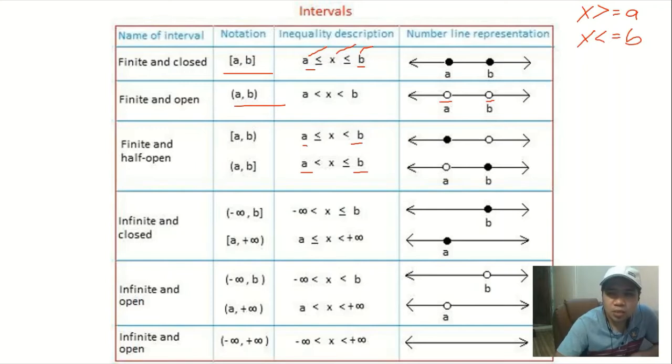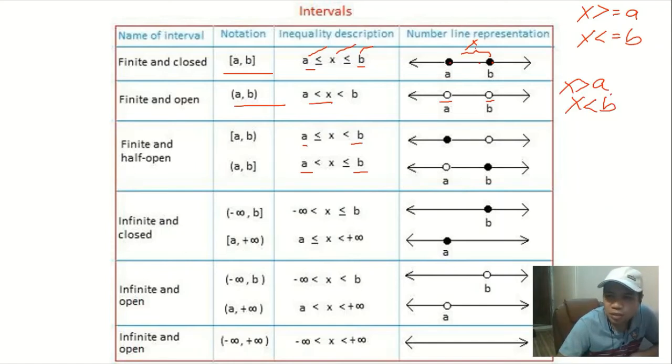So, mula dito, si X, lahat ng values nito is pwede maging representation ni X. X is less than equal to A, greater than equal hanggang sa mas mataas, at equal at kasama yung pababa. Yun. X is greater than A and X is less than B. Hindi niya sinabing equal, kaya naka-open tayo doon.